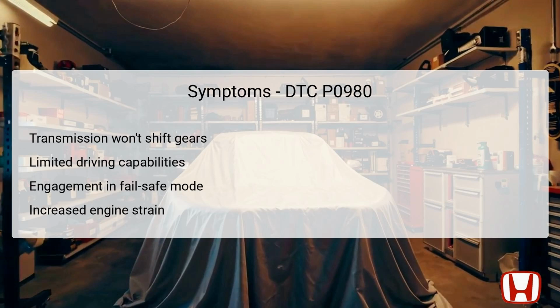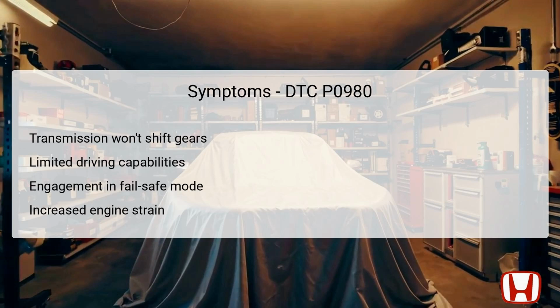When DTC P0980 is present, the driver may experience significant symptoms that affect vehicle performance. Most notably, the transmission may fail to engage in the second or fifth gears, severely limiting driving capabilities. As a fail-safe mechanism, the vehicle enters a protective mode to prevent further damage, restricting the system's operational capabilities.